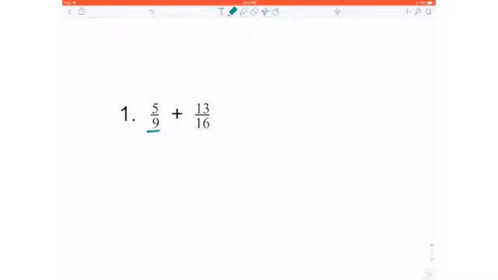Here, we have a 9 and a 16. These are different. Once we have the denominators the same, we can add them. Let's say we have 1/3 plus 1/3. Because the denominators are the same, we can add them. When we add them, we keep the denominator the same, and we just add the numerators, or the number on top. 1 plus 1 is 2.